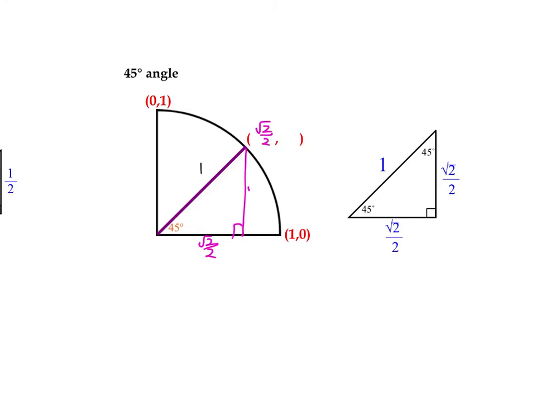My y value is also rad 2 over 2. Essentially, all I'm doing is plagiarizing these values here. That's where I'm getting these guys. And what we've just found is the sine and cosine values of a 45-degree angle.